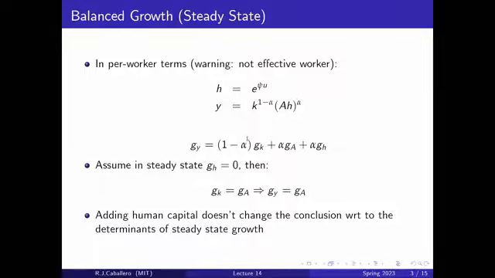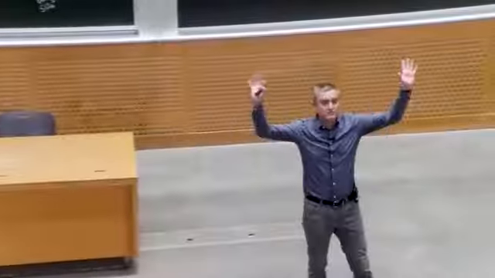So there's a difference with the previous analysis. I can always divide all my variables by whatever I want. I divided by effective workers because I wanted to have a diagram where the curves were not moving around.